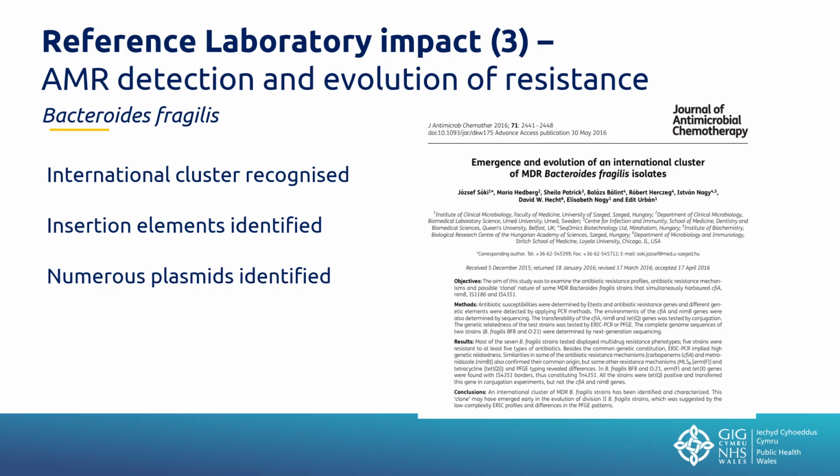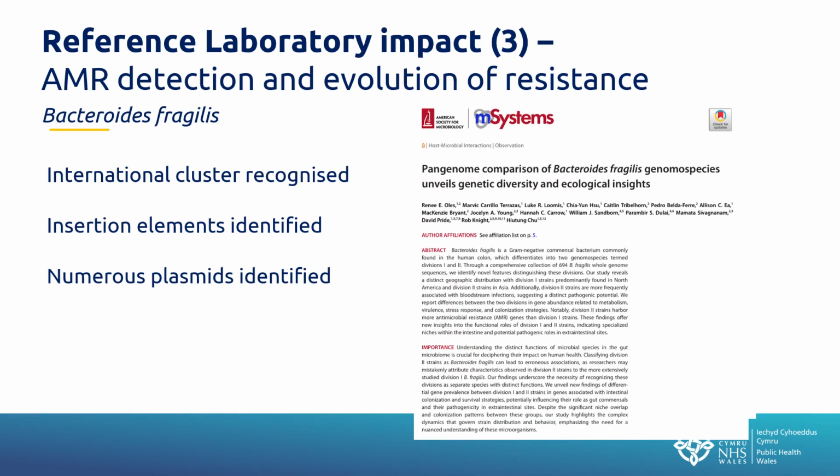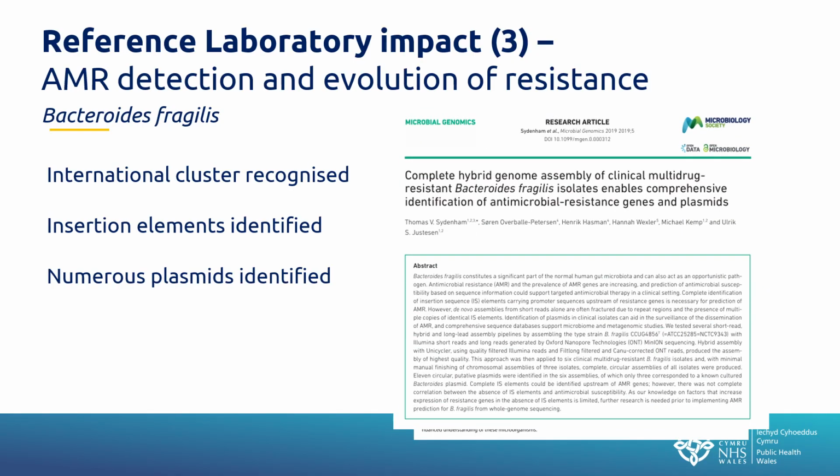It is probably our major anaerobic pathogen, including the detection of an international multi-drug resistant Bacteroides fragilis cluster, and the unveiling of some of the insertion elements that are required to turn on the resistance for meropenem and metronidazole, and there have been numerous plasmids that have also been identified through the use of whole genome sequencing.